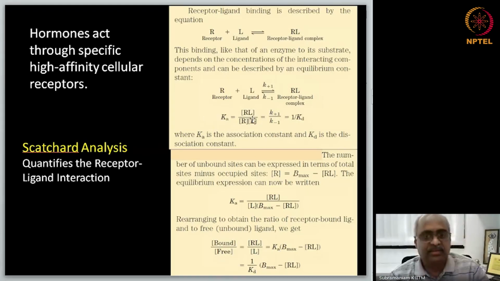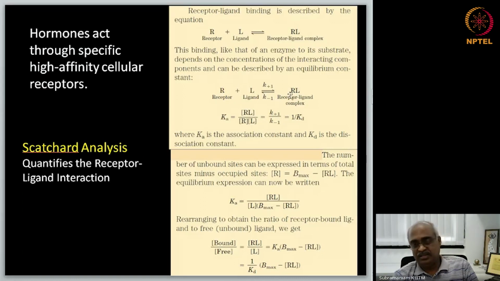It is just the rate constant equation. The rate of the forward reaction will be proportional to the product of the concentrations of the reactants, right? So let us say for this forward reaction, R1 will equal R times L, the concentrations.